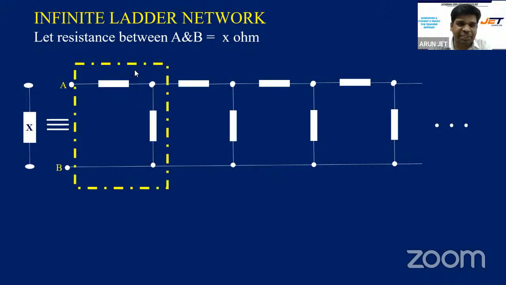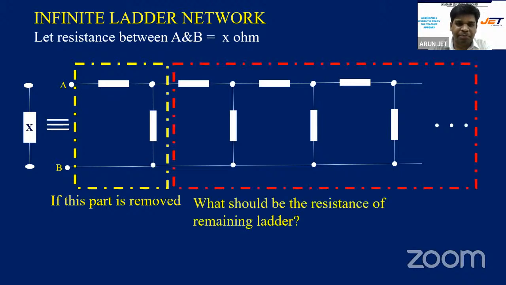If you consider this first segment of the network, and if this part is removed, this remaining part of the network, this red boxed network, what should be the resistance of the remaining ladder?